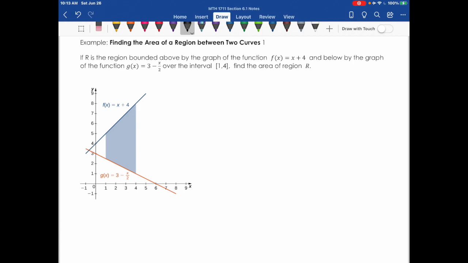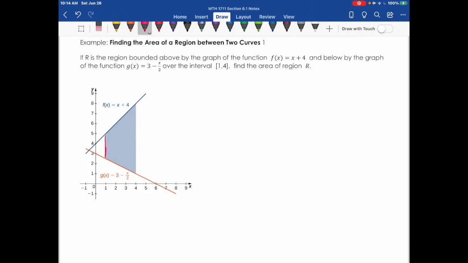It says, if R is the region bounded above by the graph of f of x equals x plus 4, and below by the graph of the function g of x equals 3 minus x over 2, over the interval from 1 to 4, we're going to find the area of the region R. So in blue, f of x is x plus 4, that's above.